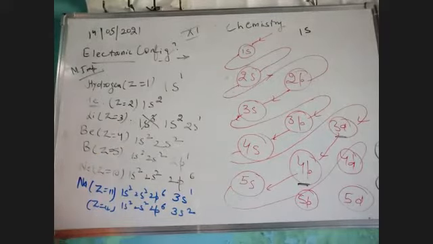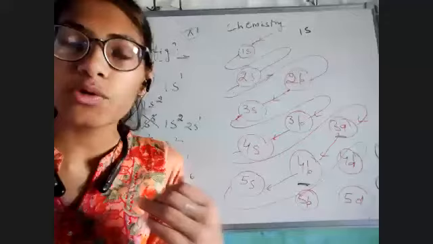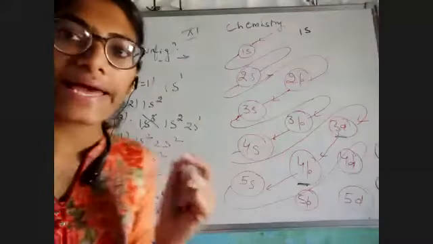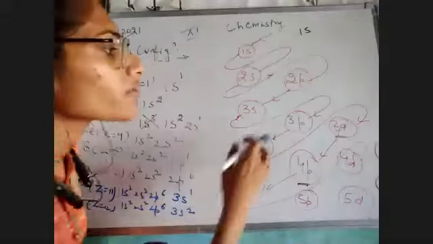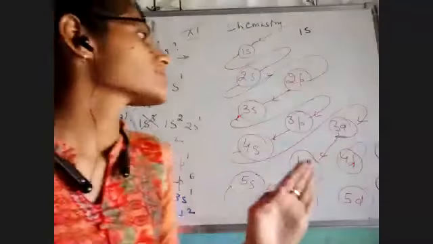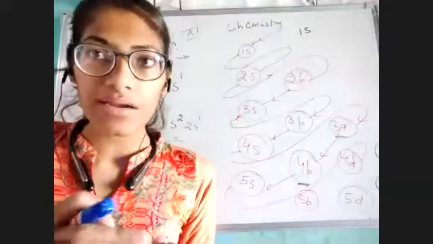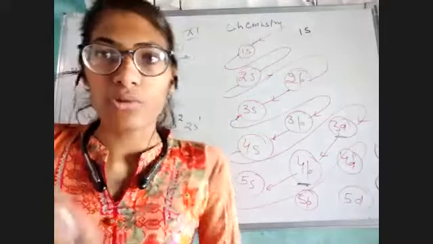Now if I'm talking about aluminum, 13, 3s is already filled because the s orbital has the tendency to maintain 2 electrons only. So we would give to 3p. Okay, so kids, the simplest thing is that we have to fill each atomic orbital maximum, and when it is maximum filled we will jump to the higher atomic orbital.